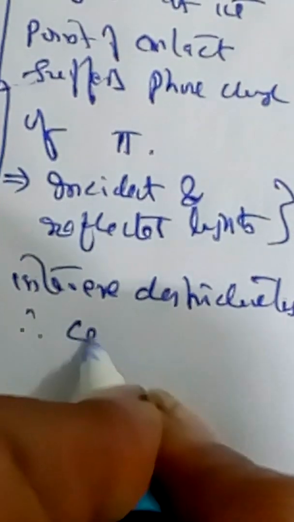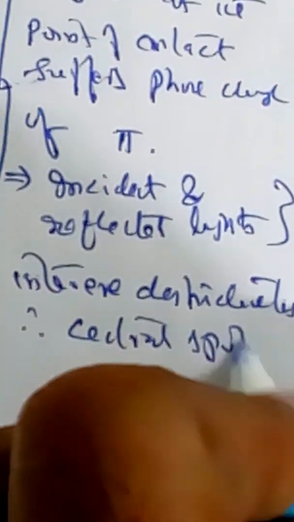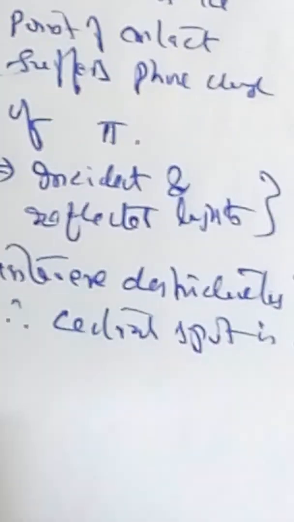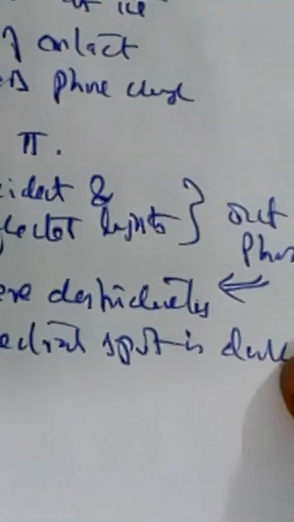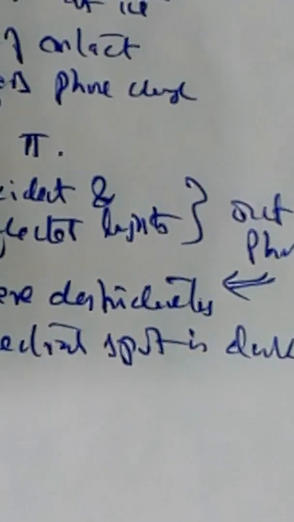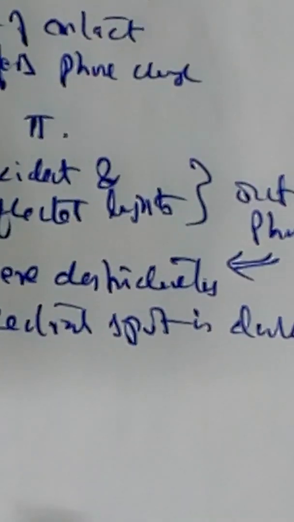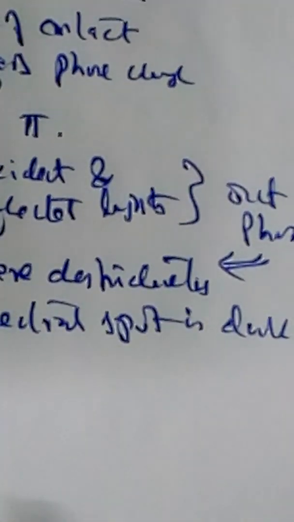So therefore the central spot is dark. This is a very, very important point to be understood. In the university examination also you will have a question, why should the central spot of Newton's rings be dark? I am explaining.